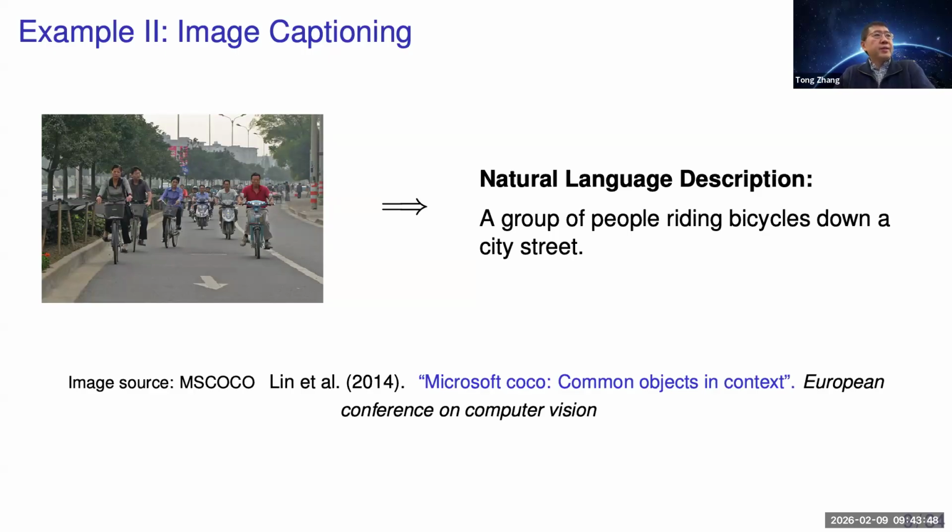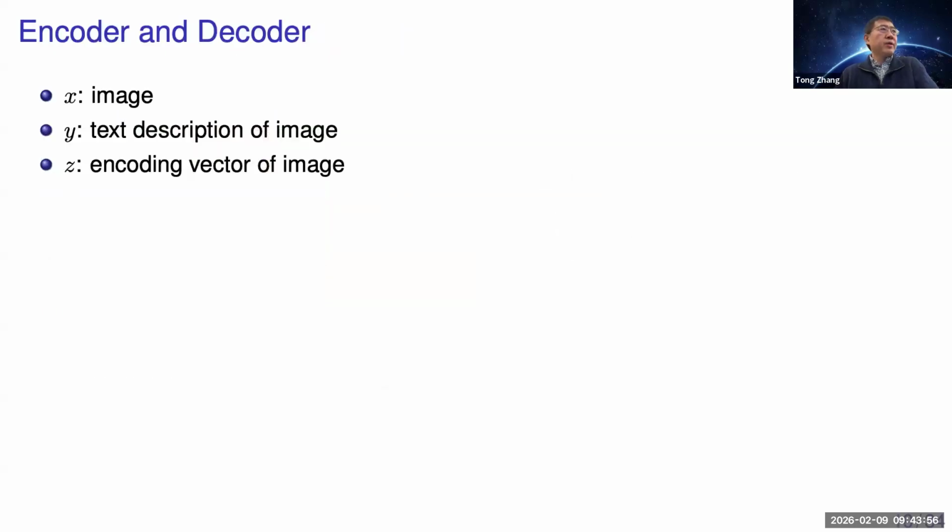So from understanding, we will look at the architecture, what we are looking at, right? The encoder: you start with X, and you do an encoding, a vector representation of an image.